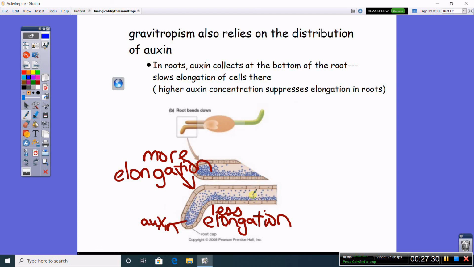In roots, auxin tends to cause this part where it collects to elongate less than where there's less auxin. So it's the opposite of what happens in shoots. So here we have a lot of auxin on the bottom side, and it will slow the process of elongation. Here on the top side, there is less auxin. That will cause the cells to elongate more, but notice what you still get. You still get that characteristic bend as it grows.